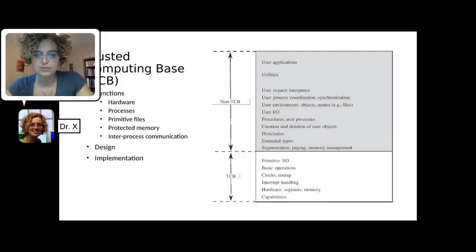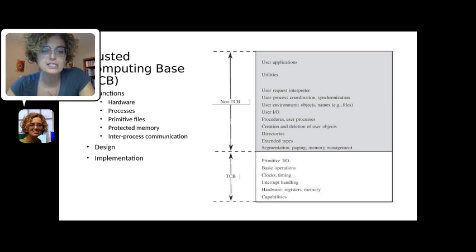Now in here, we're getting a little deeper into the trusted computing base. This is defined as everything necessary for a system to enforce security policies, and it may be split into functions that may be a subset of the operating system.